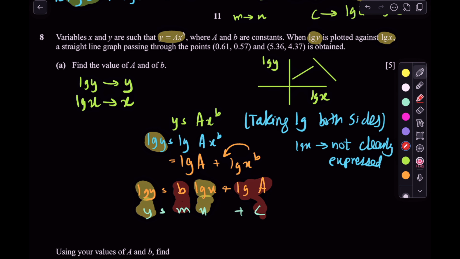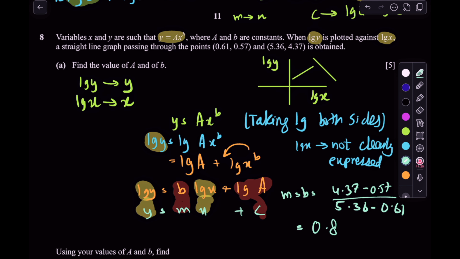So let's calculate the gradient, because gradient is equal to b, which is (4.37 negative 0.57) upon (5.36 negative 0.61). I just applied the formula of the gradient, y2 minus y1 upon x2 minus x1. So I get my answer of 0.8. So my b is 0.8.